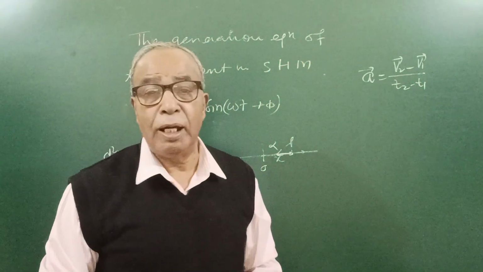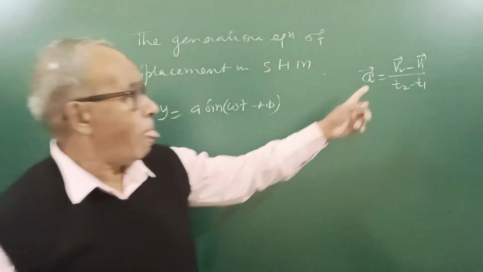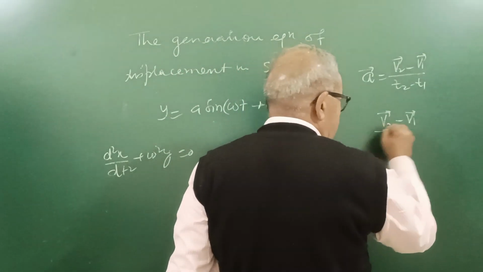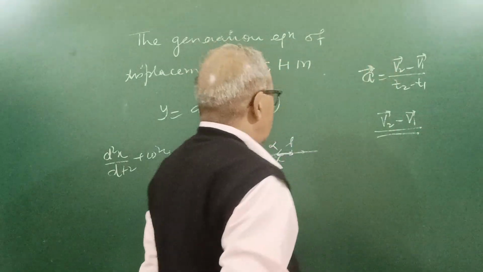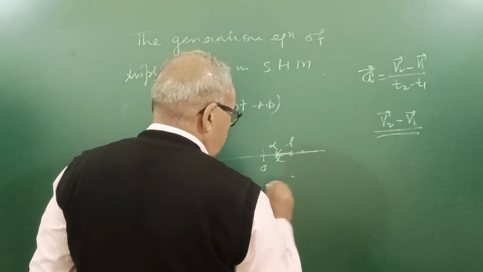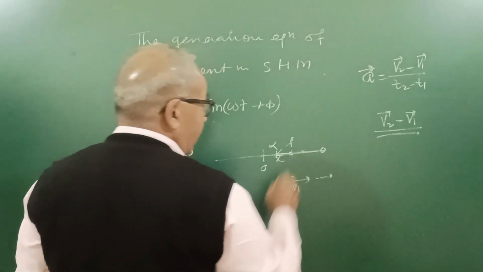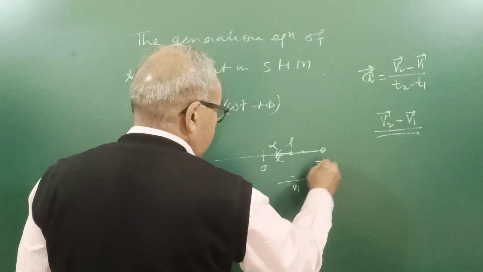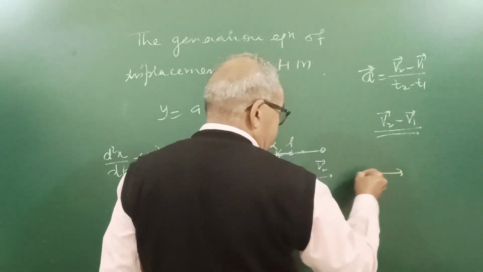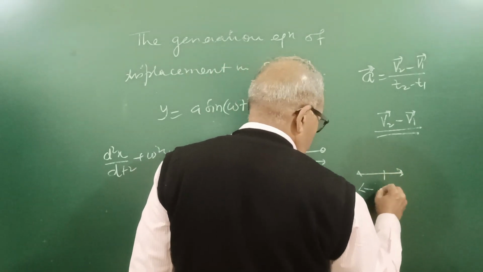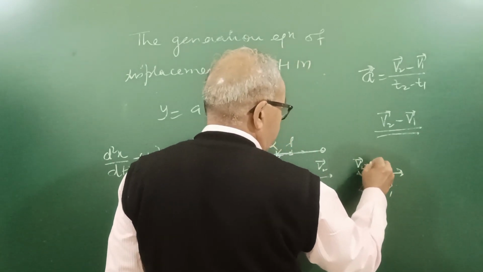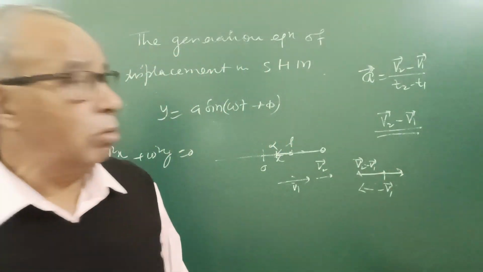I told you the direction of acceleration is not necessarily along velocity, maybe along velocity, but it is determined by the v2 minus v1 vector. जैसे कि मैं आपको बता रहा था कि body moving this way, here initial velocity v1 is this. v1 बड़ा होगा, v2 छोटा, क्योंकि इसको रेस्ट पाना है यहाँ, तो v2 minus v1, putting the tail of this on head of v2, we get v2 minus v1. So remember, direction of acceleration is along the change in velocity.